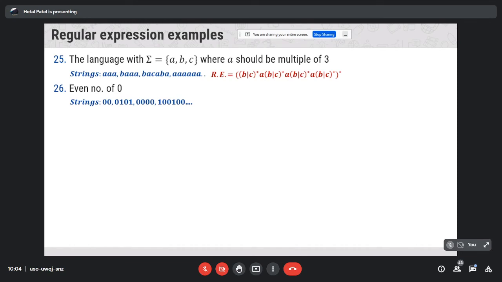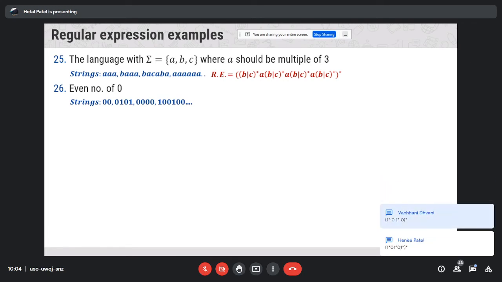So design it. What should be the RE? Okay, fine.